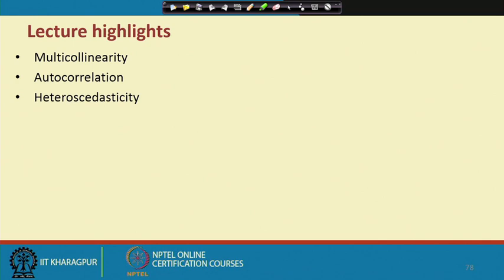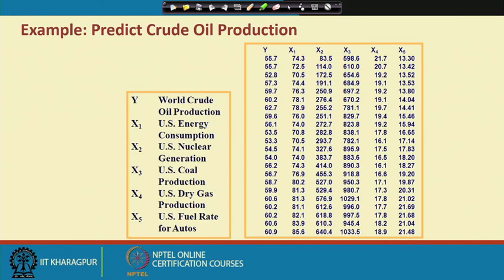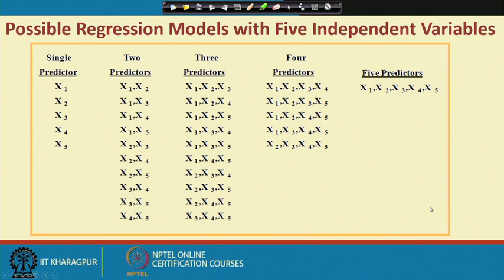So, let us start with a simple problem here, with a dependent variable and 5 independent variables. Technically, the objective behind this problem is to predict y with respect to 5 independent variables. Now, when we go for model building or model design, we have plenty of options.